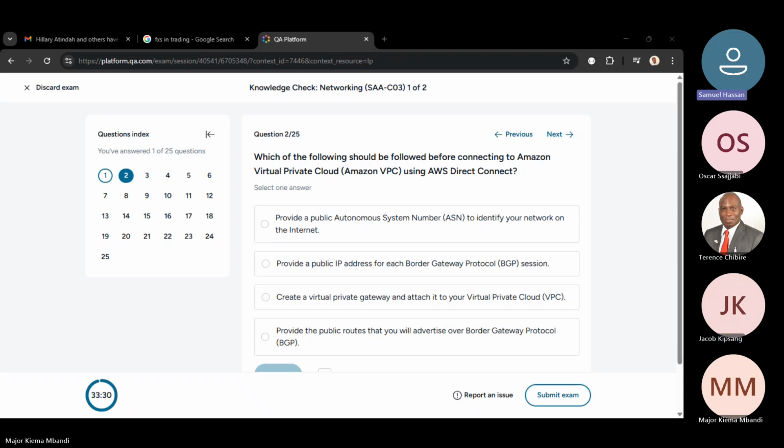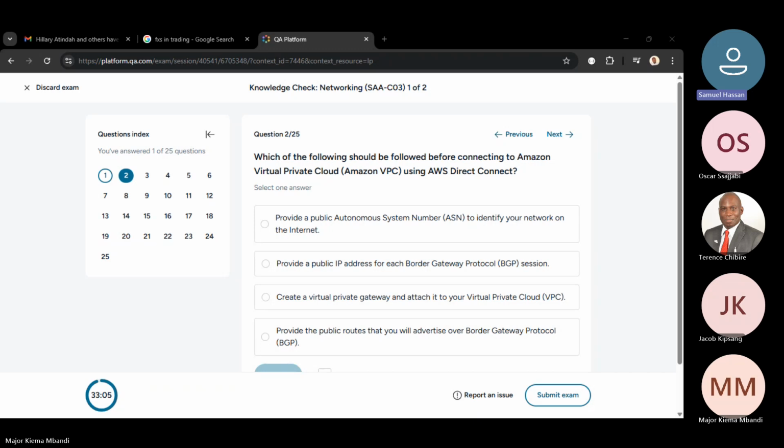Which of the following should be followed before connecting to Amazon Virtual Private Cloud, Amazon VPC, using AWS Direct Connect? A. Provide the public autonomous system number, ASN, to identify your network on the internet.